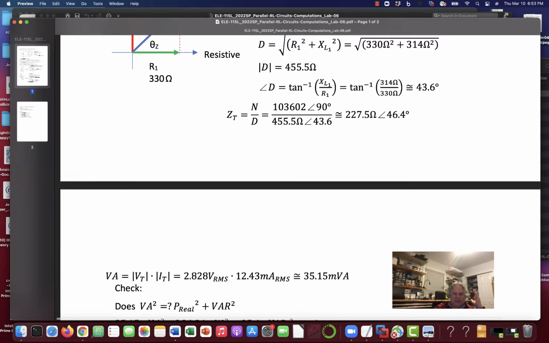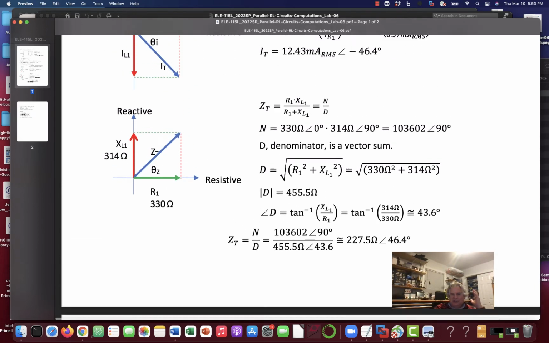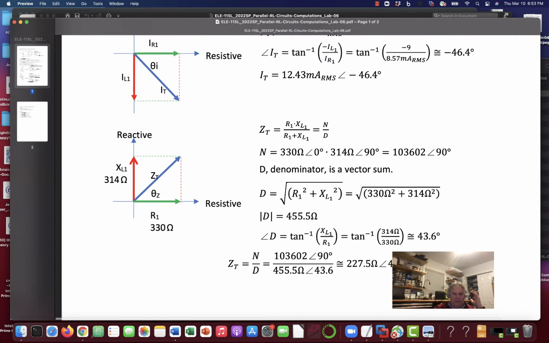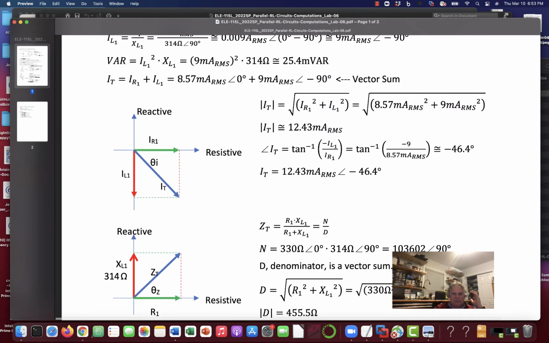Okay, and now if we wanted to check this, we have the total current up here, which was 12.43 milliamps RMS at minus 46.4 degrees. We could have found ZT just by dividing VT by IT.